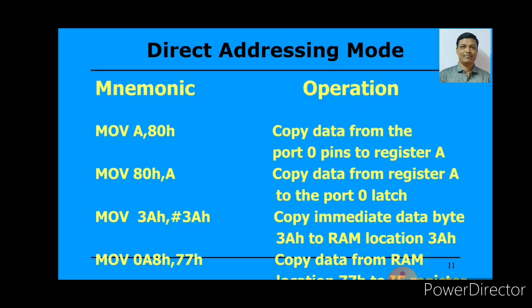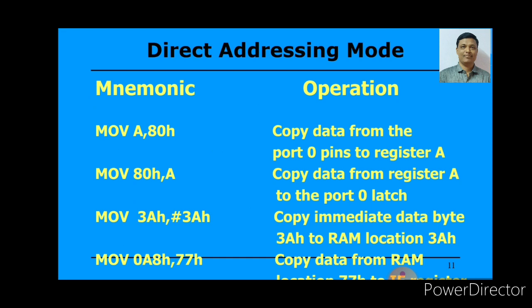Examples of this direct addressing mode are like this: MOV A, 80H. Here the contents of address 80H will be transferred to the accumulator. Similarly, MOV 80H, A: here the contents of the accumulator will be transferred to address 80H.